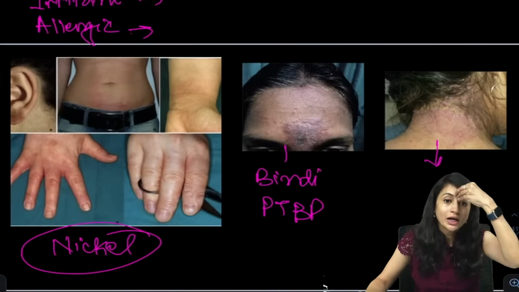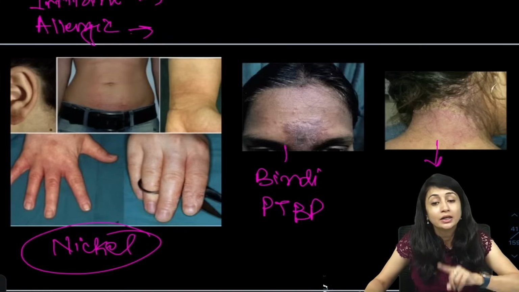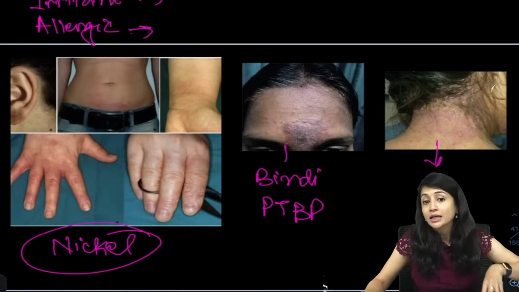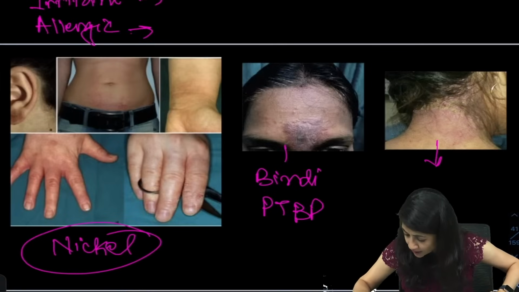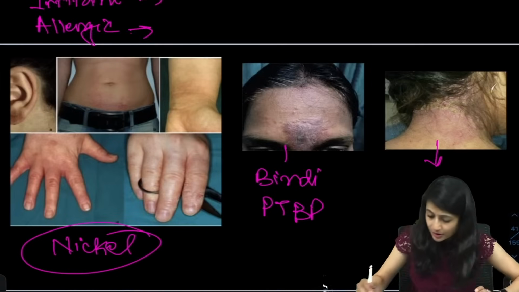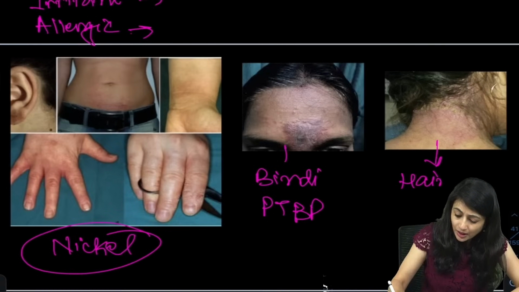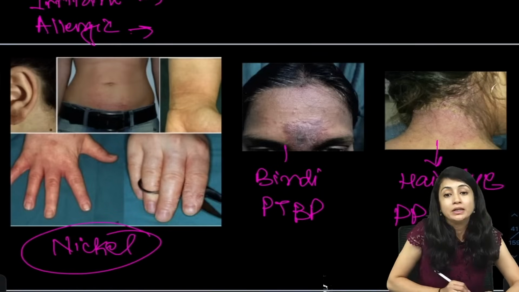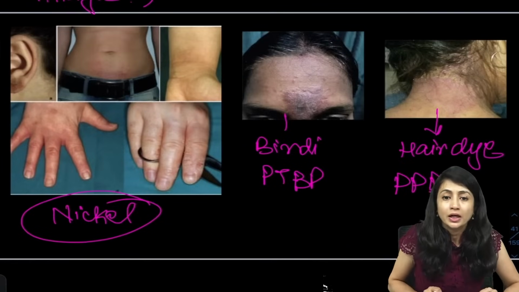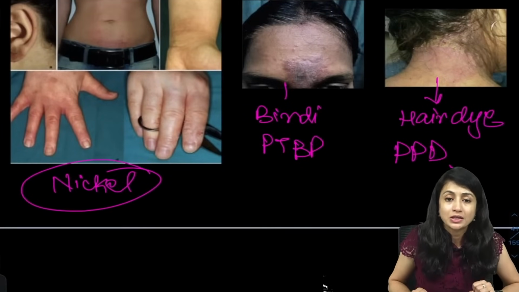You can get a contact leukoderma with bindi, but here it is not contact leukoderma. It is a contact allergic dermatitis, because you see red, crusted, oozy lesions here. Okay. The last is hair dye, and here the agent is paraphenylene diamine, or PPD, which is the most common allergen which is present in hair dye.